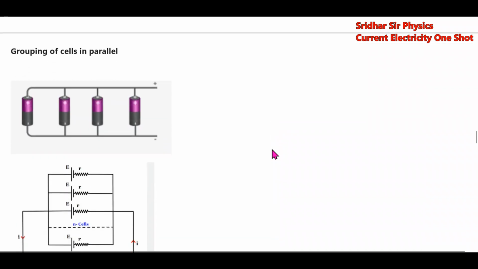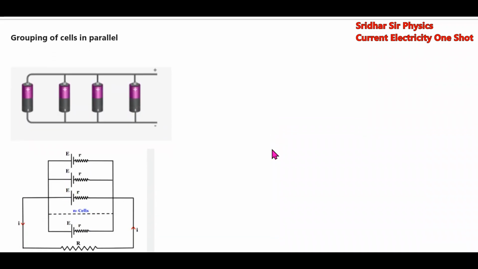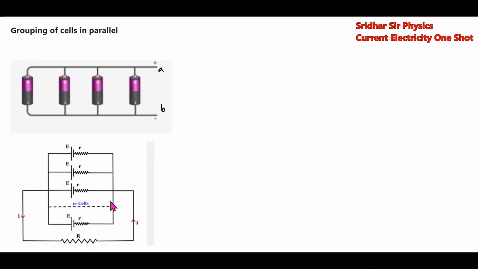Similarly, if the cells are connected in parallel, with currents I1, I2, I3, up to In, the total current will be the sum I1 plus I2 plus I3 and so on. For the first cell, E minus IR minus I1 r equals 0.